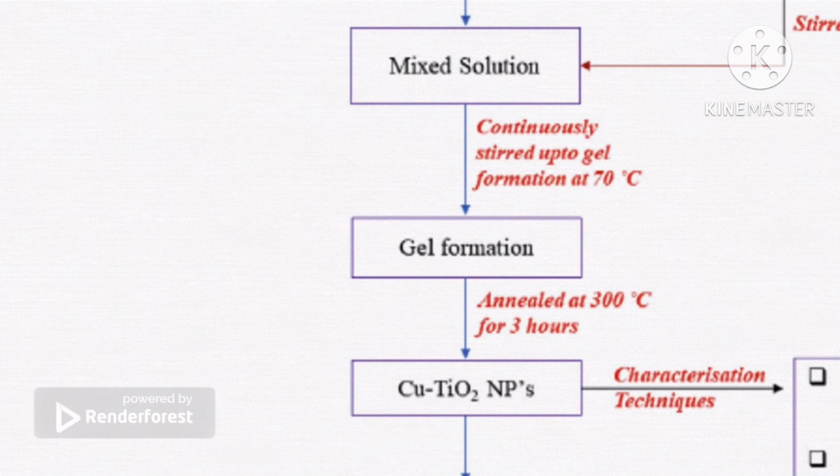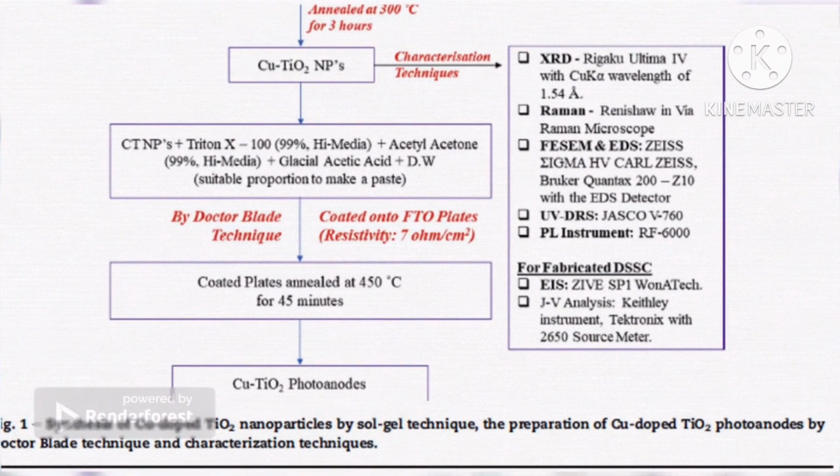Continuously stir up to gel formation at 70 degrees Celsius; the gel is then annealed at 300 degrees Celsius for 3 hours. Copper-doped titanium dioxide nanoparticles act as a photocatalyst and as a photoanode in DSSC.